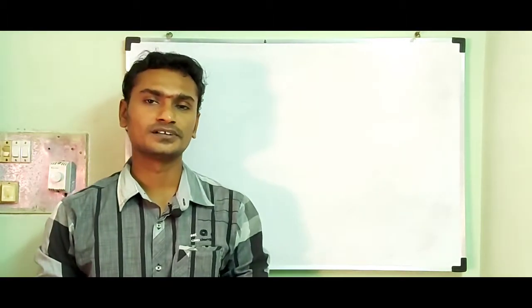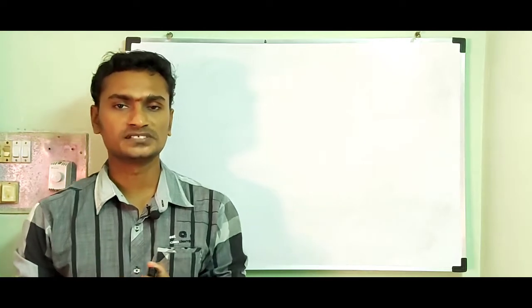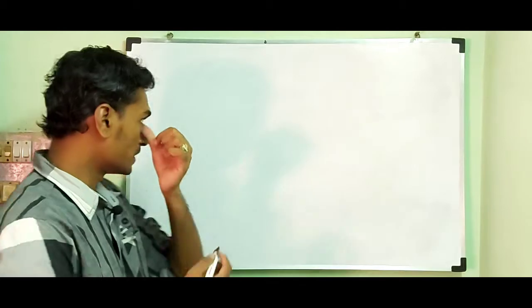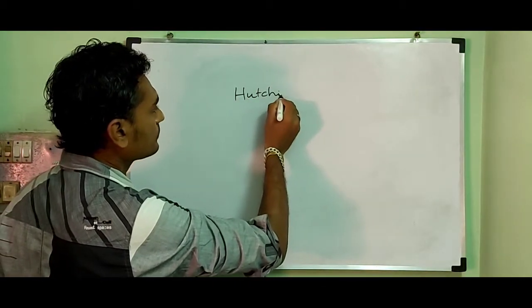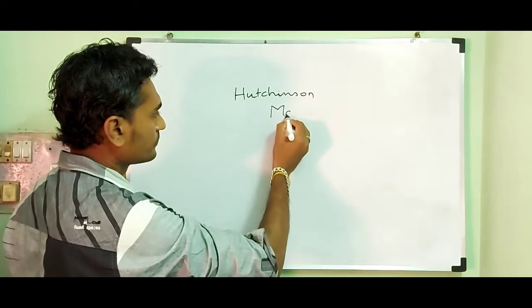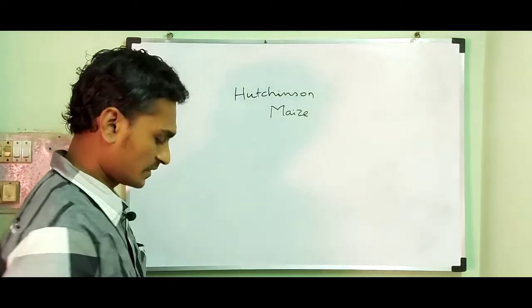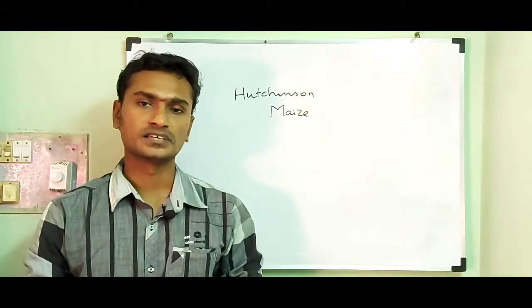Let me explain the second type of linkage, called incomplete linkage. It was reported by Hutchinson in maize plant. Here is the definition of incomplete linkage.